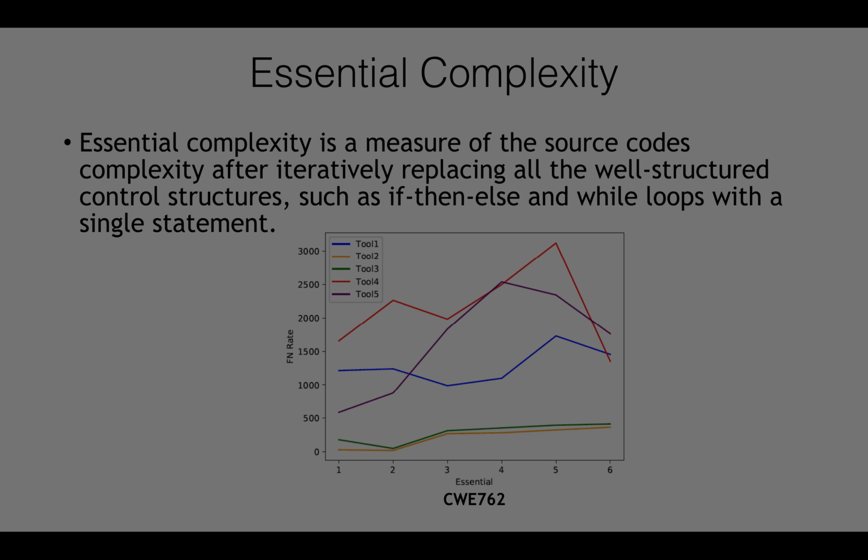On the other hand, tool 4 reports the highest number of false negative warnings when the source code has a high value of essential complexity, for example, when the essential complexity value equals 5. Tool 5 and tool 1 take second and third places after tool 4. So, tool 2 can handle the source code that has a high degree of essential complexity better than the other tools.